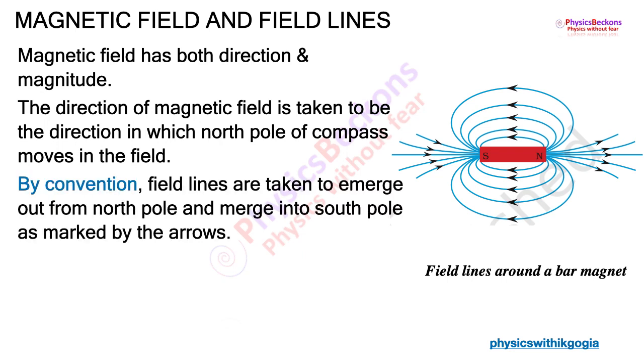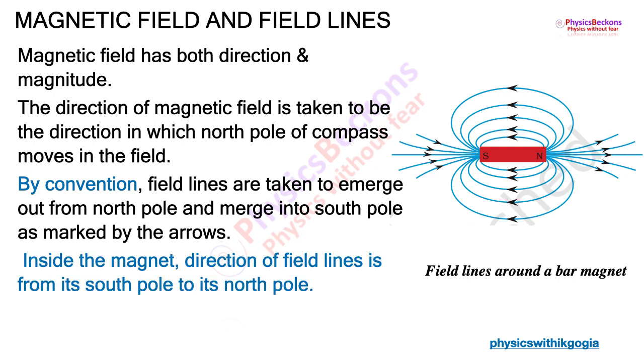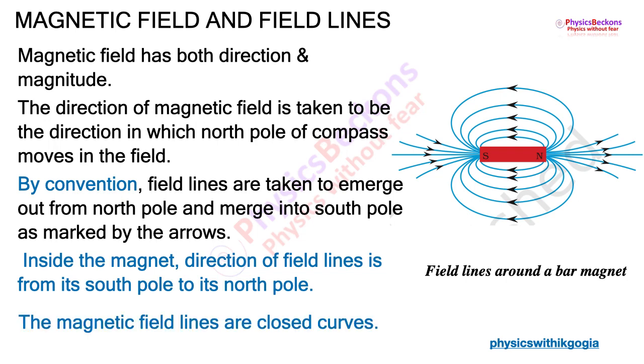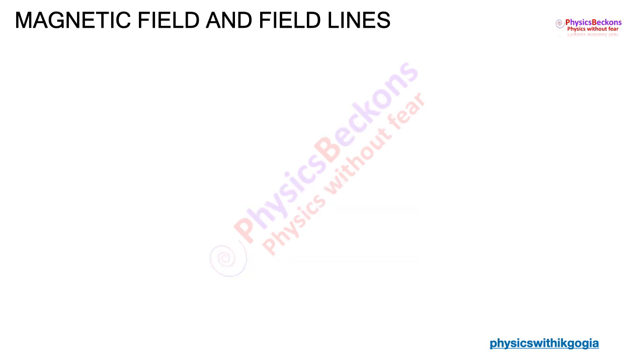By convention, the magnetic field lines are taken to emerge out of the north pole and merge into the south pole, as marked by the arrows. Inside the magnet, the magnetic field lines point from the south pole to the north pole. The magnetic field lines are always closed curves.